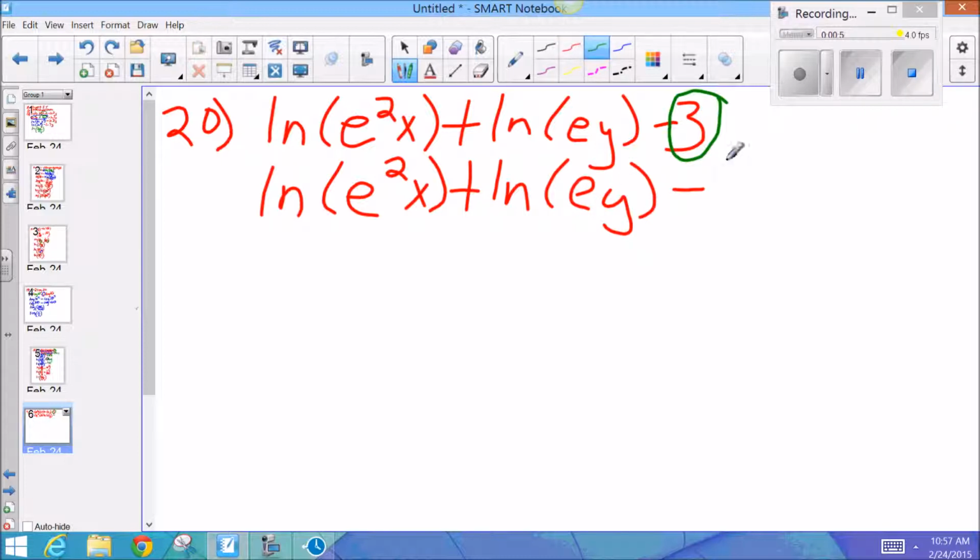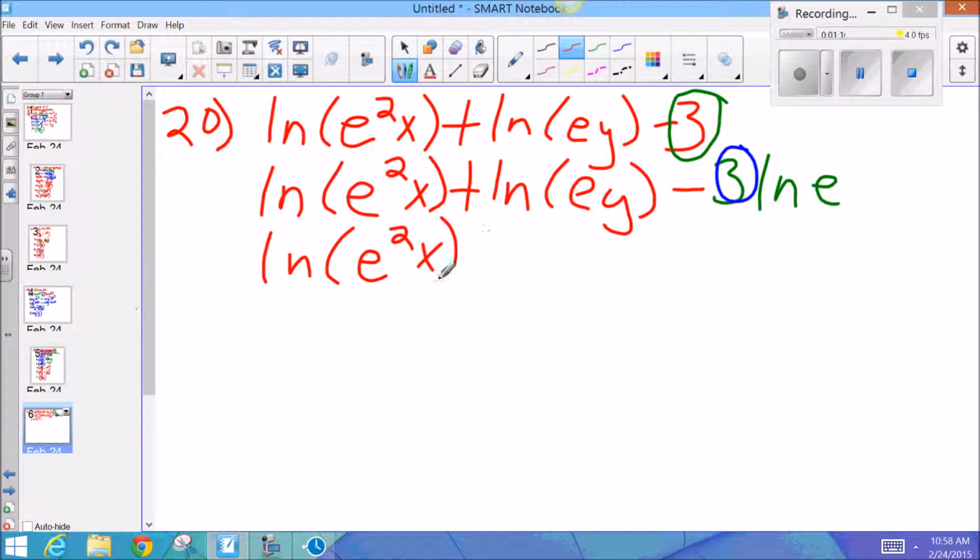So we've got 3 times the natural log of e, which is the same as saying 3 times 1, okay? All right, now I'm going to take that 3 and make that the exponent using the exponent law. So that becomes the natural log of e cubed.